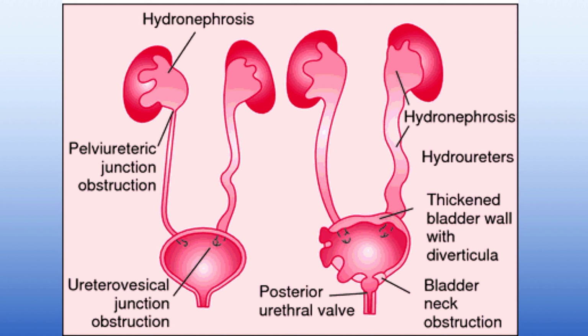Irregularities and dilations of the path of urine are sometimes present with ATS. So the connections between the kidney and the bladder, the ureters, can be abnormal. There can be irregular divots in the bladder. There can be false valves, such as posterior urethral valves, that prevent the bladder from completely emptying.